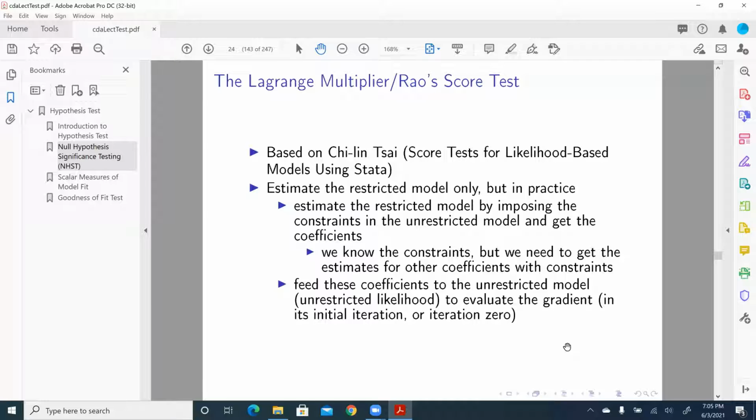Then we can get the gradient and the information matrix and construct the score test statistic. So in terms of implementation, the score test is kind of complicated.